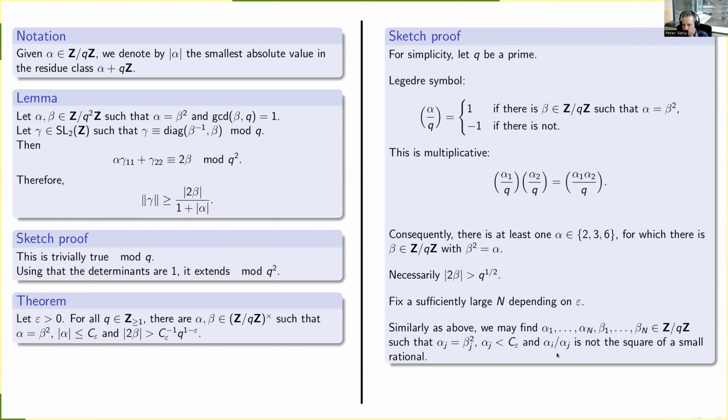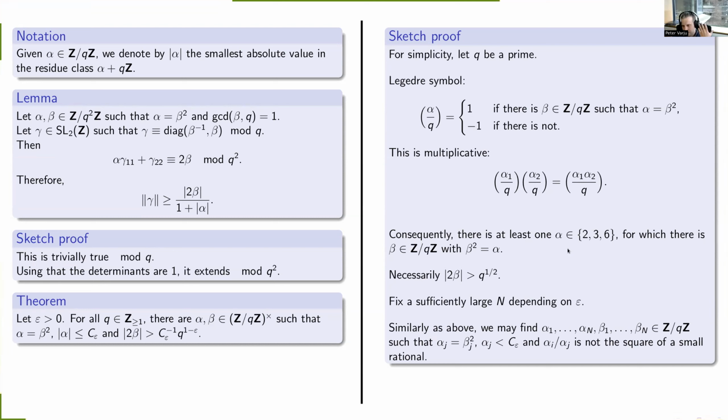And I want these alphas to be squares in their own right. So what do I mean here? Now, you could imagine that maybe one choice for alpha would be 2. So say 2 is a square. And if 2 is a square, then also 8 is going to be a square, just because if you multiply by 2, the square root of 2, that is going to be the square root of 8.